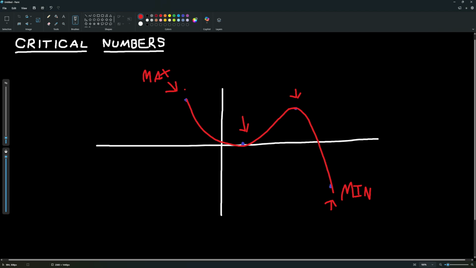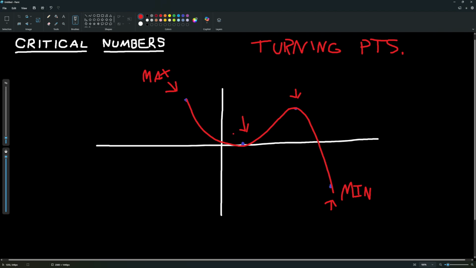It's the absolute point on a graph where a graph hits its highest and where a graph hits its lowest. A relative maximum and minimum can be thought of as turning points. So they're just points where the graph changes from increasing to decreasing. It's just where it changes direction.